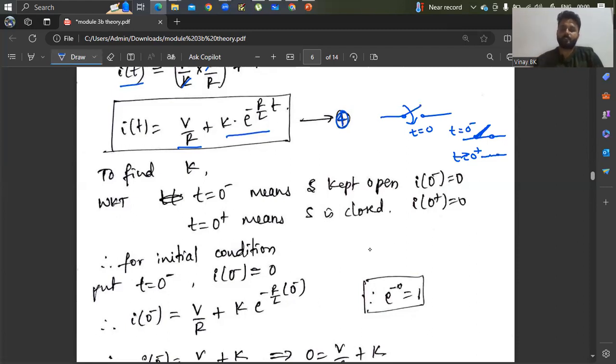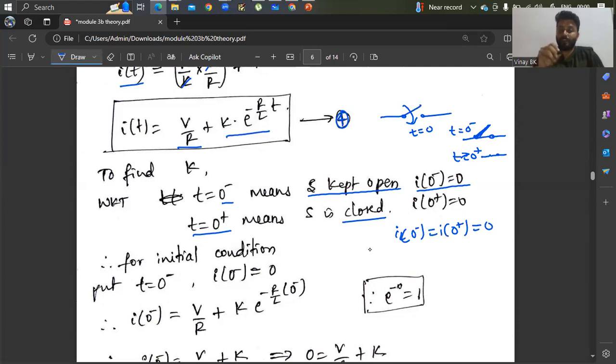So t equals to 0 minus means switch kept open, so that I of 0 minus equals to 0. T equals to 0 plus means switch is closed, and as you know the current flowing through the inductor cannot change instantly, so I of 0 minus equals to I of 0 plus, the value of that will be 0.